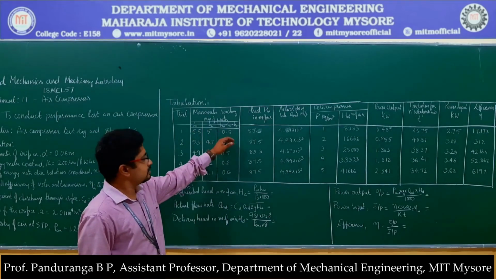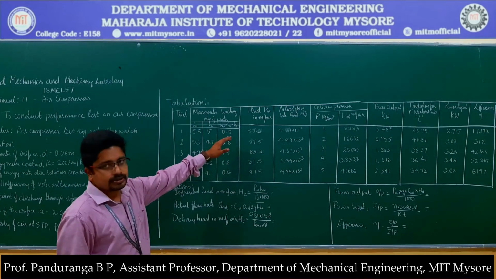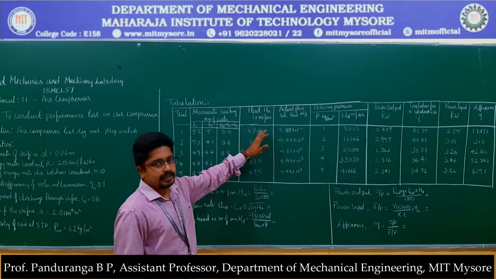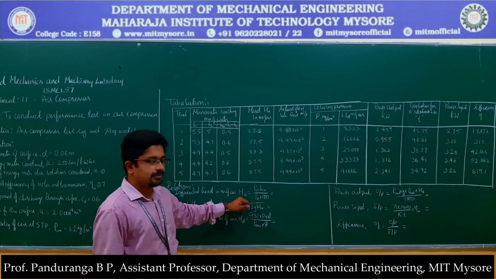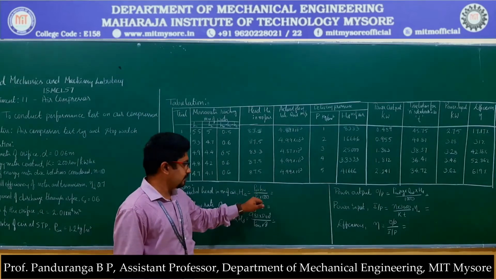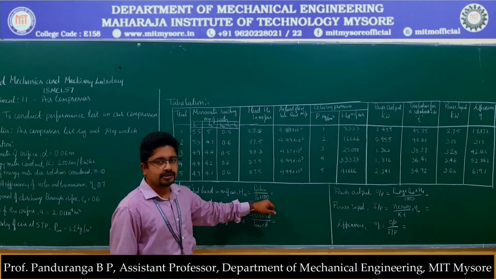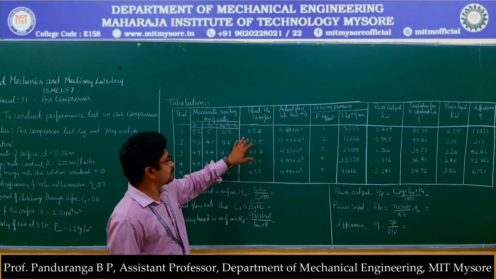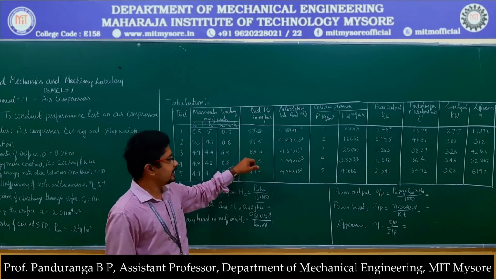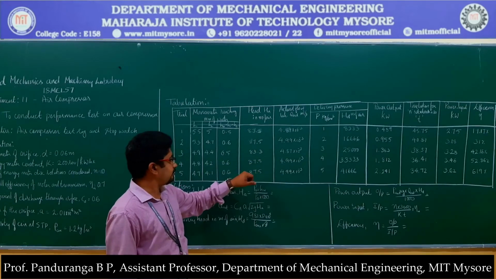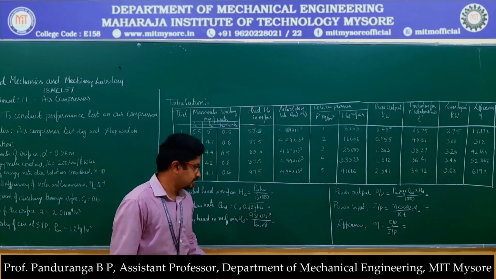So the difference is here, and this should be converted into head in terms of air. For that we have this relationship: HA will be equal to rho W HW divided by rho A into 1000. When we substitute each of the values, we get 83.3, 87.5, 83.3, 87.5 and 87.5 meters.